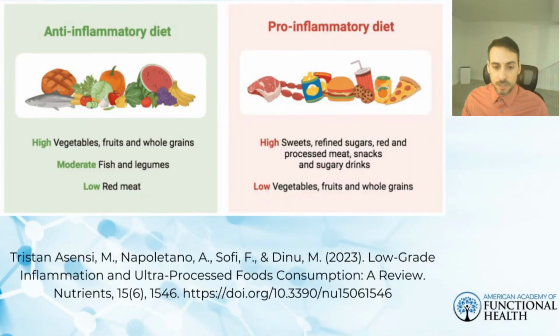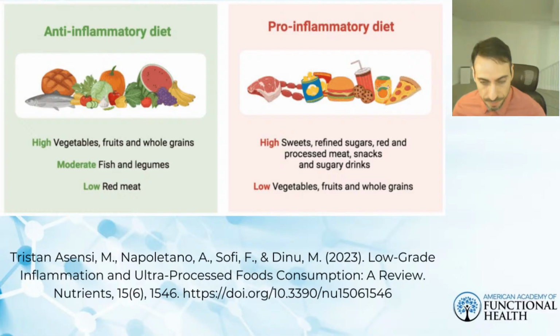And diet is one of the things that plays a major role in how much inflammation we have in our body. So let's take a look at a visual summary of what's considered a pro-inflammatory and an anti-inflammatory diet. This is from the journal Nutrients, published in 2023. I love this picture because it's a very simple, straightforward way to look at what could trigger inflammation.